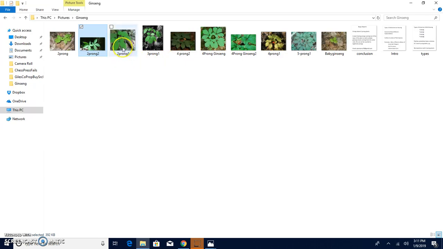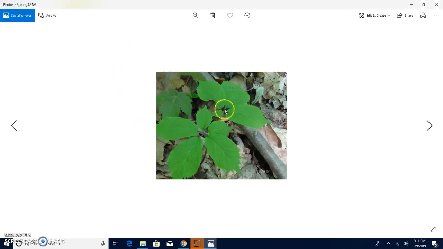Yeah, there's one other 2 prong I have a picture of. You can see it's straight across from each other, like you're cutting a circle in half. So that's a legitimate 2 prong plant. It may be that ginseng goes through this 2 prong stage before it develops into a 3 prong or 4 prong plant. I'm really not sure about that.